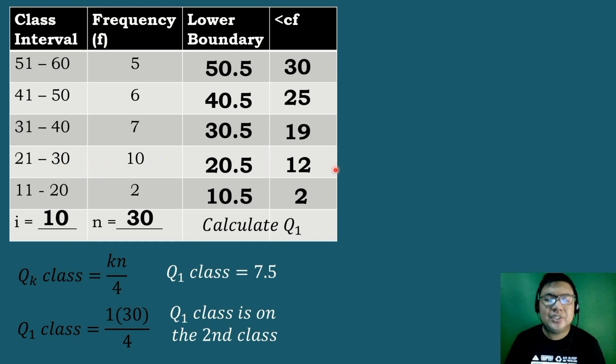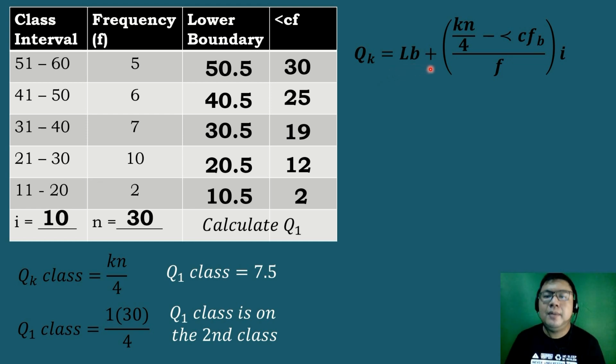After we have determined the quartile sub 1 class, we will now be using the formula of quartiles for the group data. So we have quartile sub k is equal to lower boundary plus the quantity k times n all over 4 minus less than cumulative frequency before the quartile class all over the frequency of the quartile class times the interval.